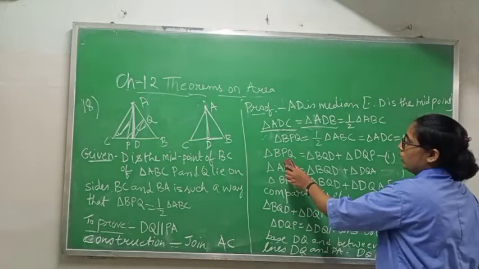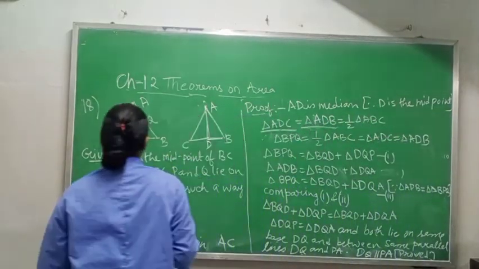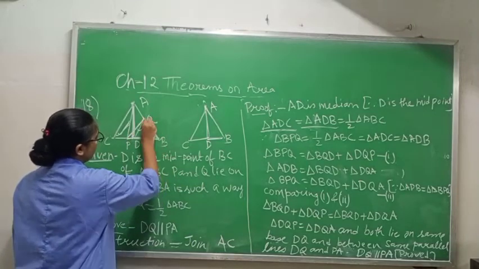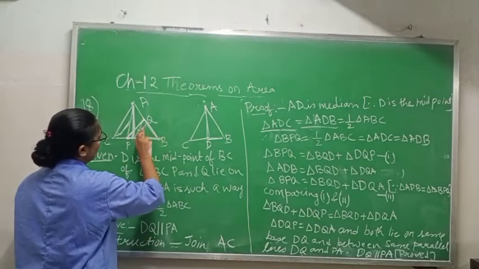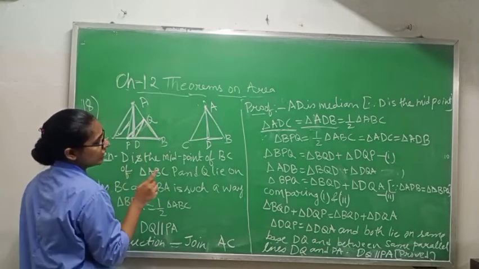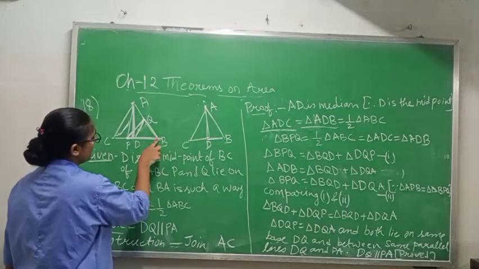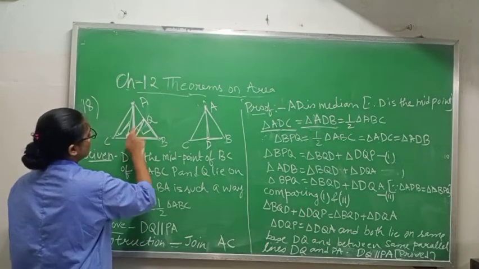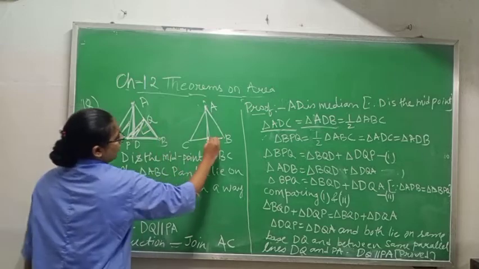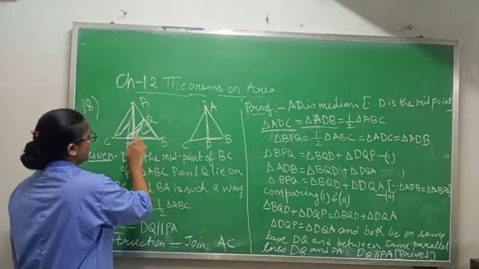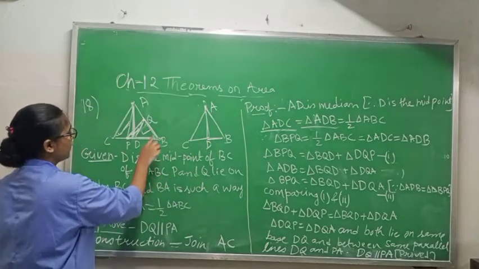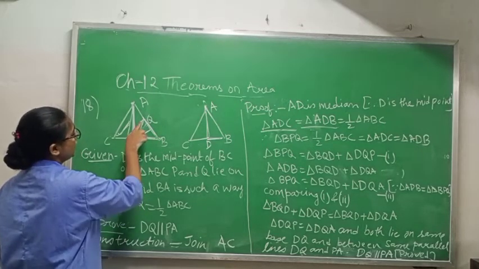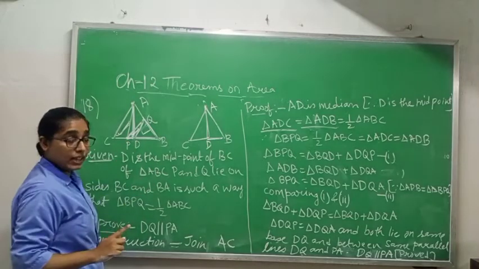Now see this triangle BPQ, it is made up of two triangles: BQD plus DQP. So BPQ equals BQD plus DQP. Equation 1 I have given.